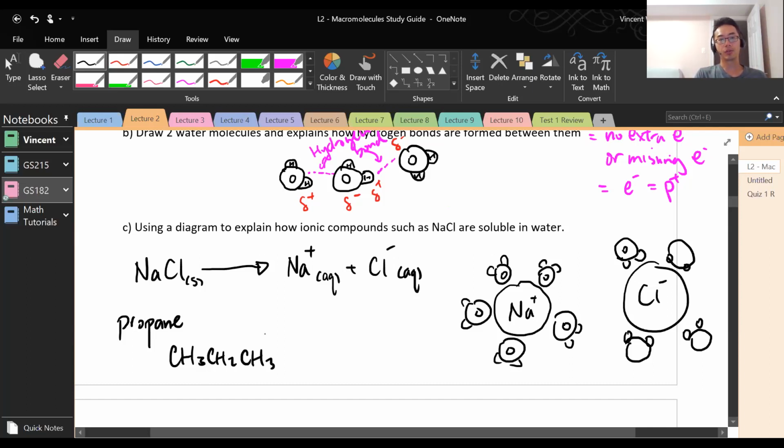There's no charge on it, no uneven distribution. And what happens if you put this in water? Then the water doesn't know what to do with it. It cannot surround it like it does for the NaCl. And so something like this is going to be hydrophobic. In the lecture, I told you hydrophobic means afraid of water. It's not going to mix well with water. Any questions so far?